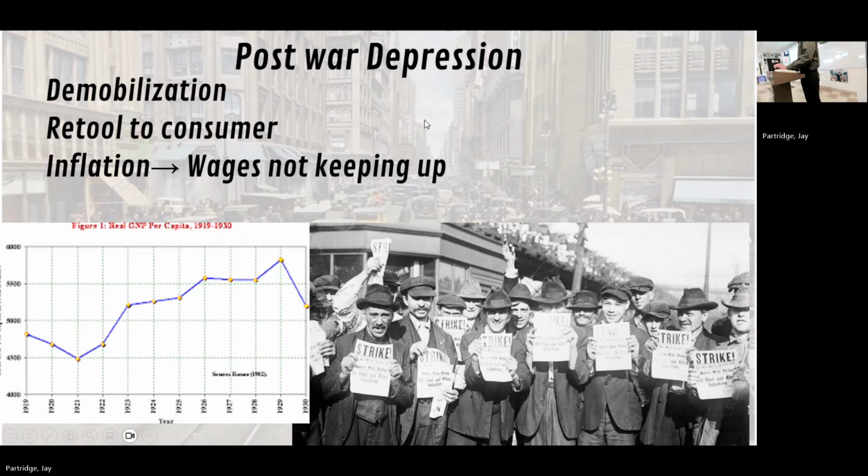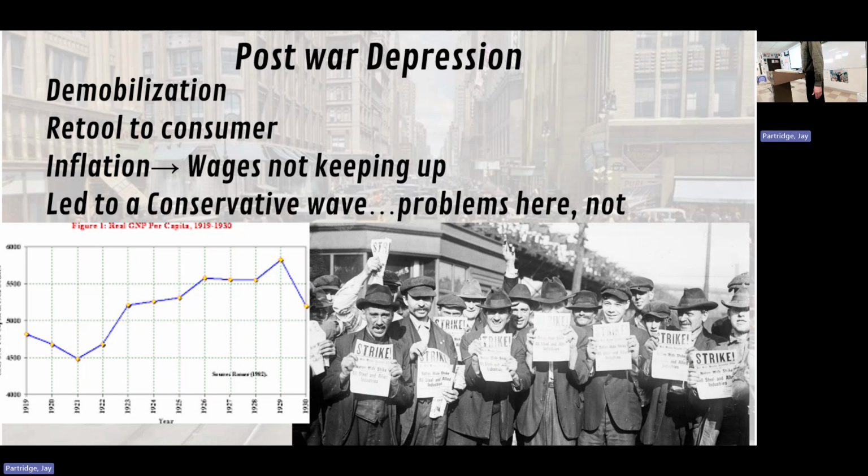And with the retrenchment and fear of enemies during the war, and then this depression, it would trigger a conservative wave, economically, but also socially, which we'll get to in just a second. And we have our own problems here.